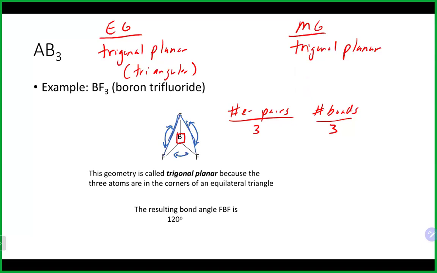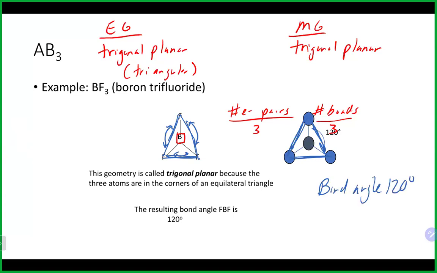It basically makes a triangle as to how they get apart from each other. The bond angle here is 120 degrees, making that triangle. Because of that third bond, if you will, they're not allowed to get 180 degrees from each other. They've got to keep their distance from everybody.